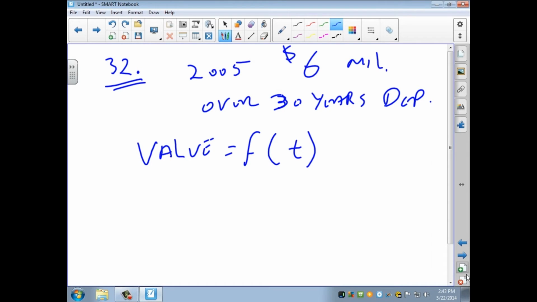So when t is equal to 0, at the base year in 2005, the value is equal to 6 million. 30 years later, when t becomes 30, the value would be all the way down to 0.